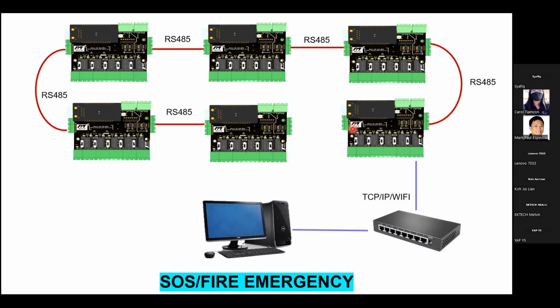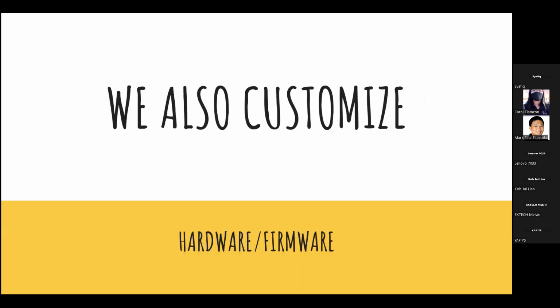Even the input sensor, whether it's a low trigger sensor or a high trigger sensor, can also be customized. The firmware customization is very unique. If the customer really needs something totally different, then we do the firmware customization. But the rest of the hardware can be customized through the hardware's web browser itself.